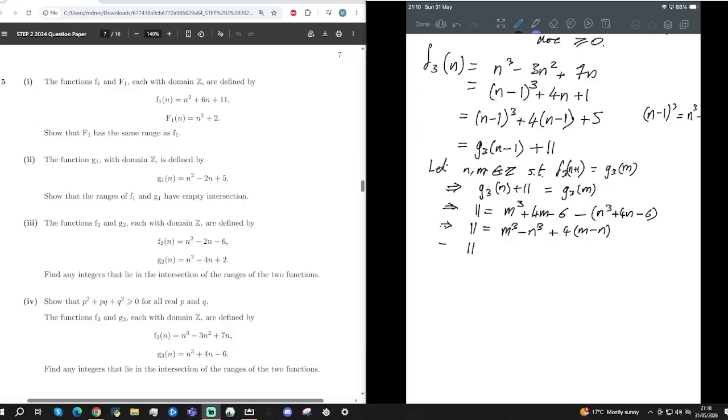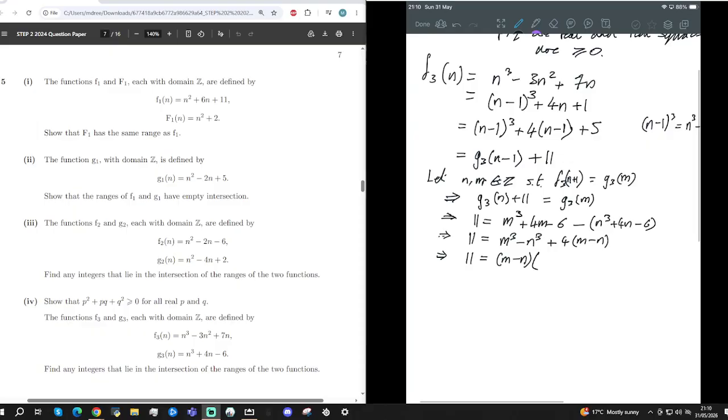Another really useful thing to know is if you've got a difference between the same powers, you can factorize. And if we factorize this, we do get something familiar. We get that bracket, the p squared plus pq plus q squared. So this thing here is always greater than or equal to 0.